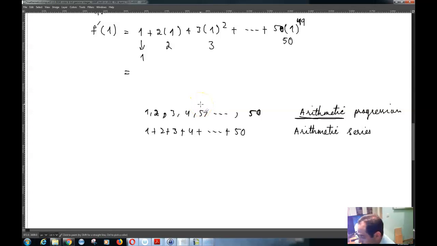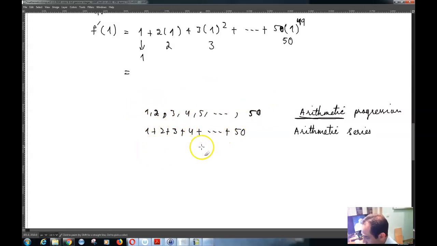Meaning that there is a common difference between each two terms over here. Any term over here, if you add a fixed number to it, you will get to the next term and so on. And that fixed number happens to be 1 in this case.